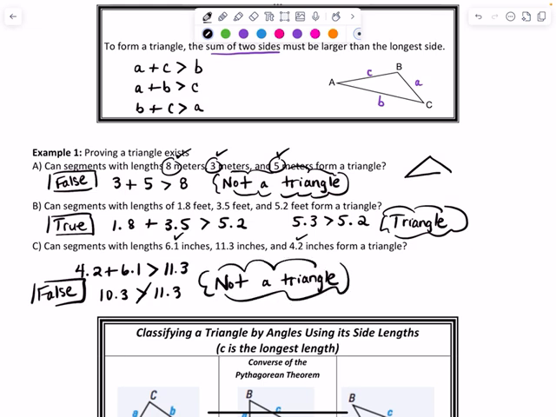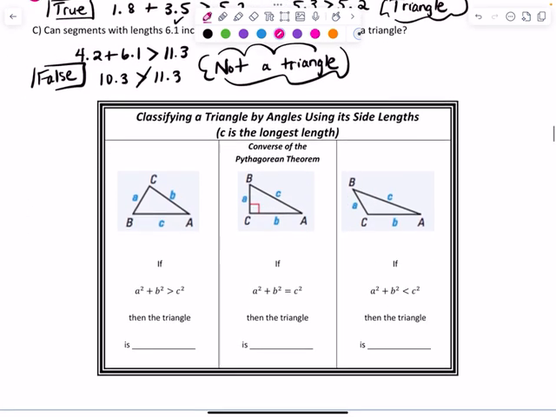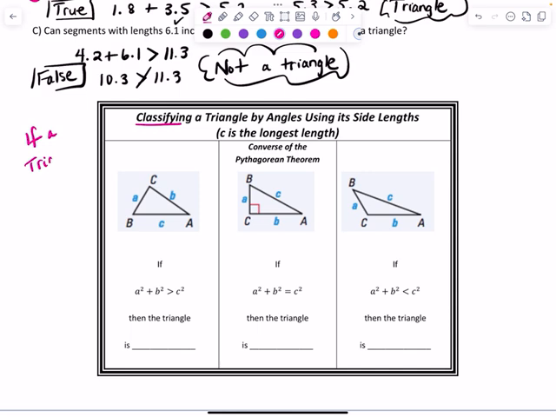So in part B, because it is a triangle, we can then classify the triangle. So if it is a triangle, then we can use this theorem. And this theorem uses the Pythagorean theorem.